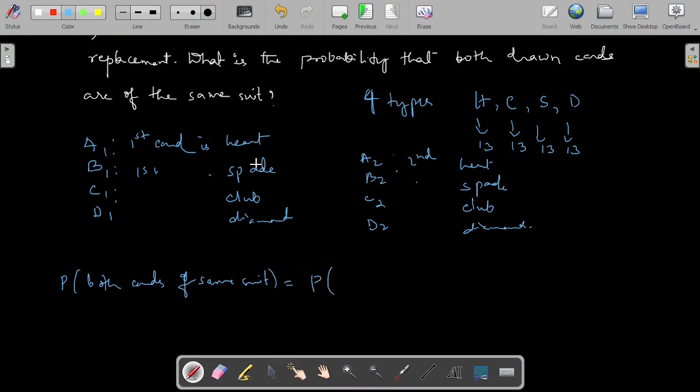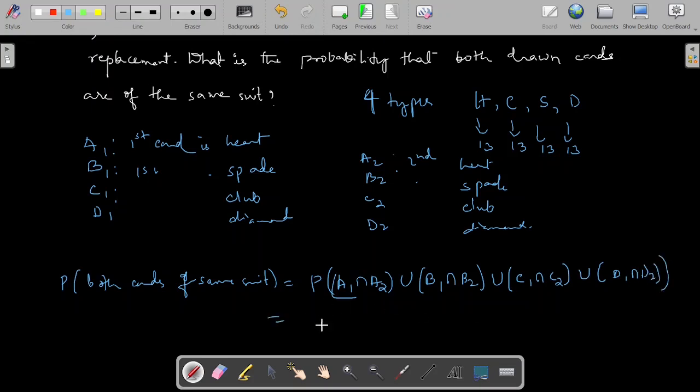Both cards can be heart, or both cards can be spade, both cards can be club, both cards can be diamond. So it is A1 intersection A2 union, then B1 intersection B2 because spade, union C1 intersection C2 union D1 intersection D2.